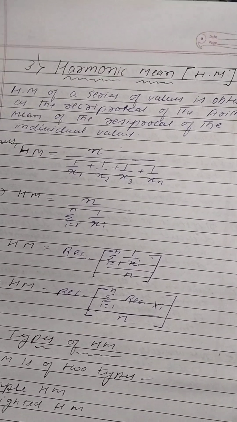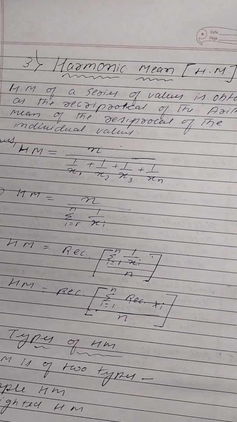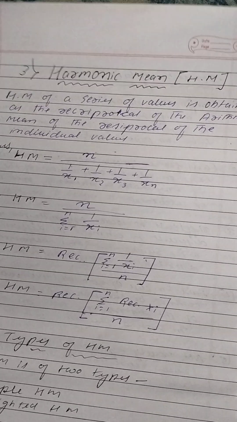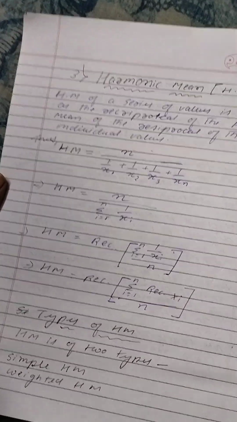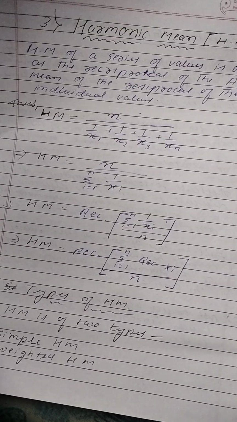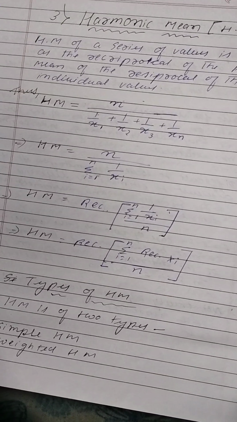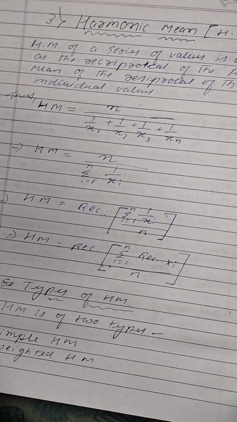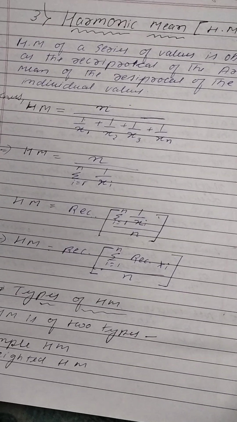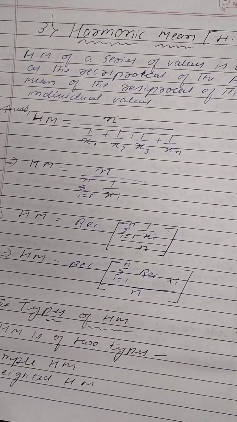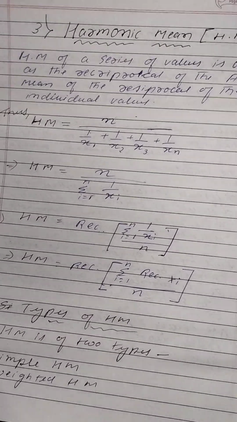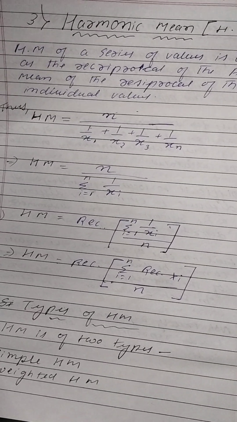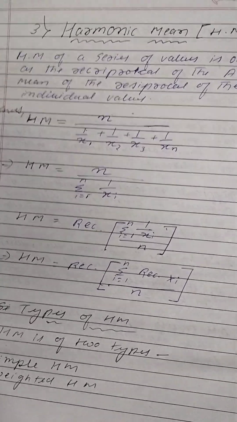So here 1 by x1, 1 by x2, 1 by x3 plus 1 by xn. So these are the composition. HM is equal to n divided by 1 by x1 plus 1 by x2 plus 1 by x3 plus 1 by xn.